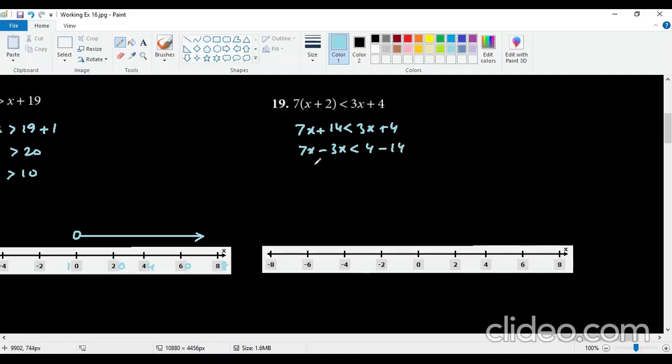So this is going to give us 4x, and this is going to give you negative 10, and negative 10 divided by 4 is going to give us 2.5, so x less than negative 2.5, and negative 2.5 is going to be somewhere here, and from here it's going to be an unfilled circle, and make a straight line like this. It's going to be your answer.